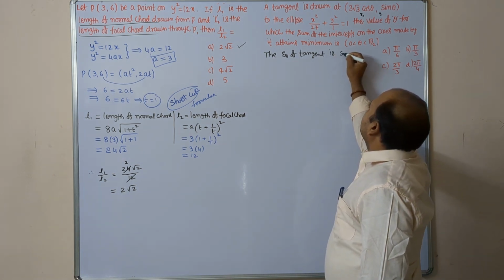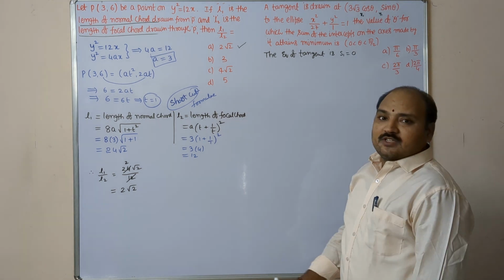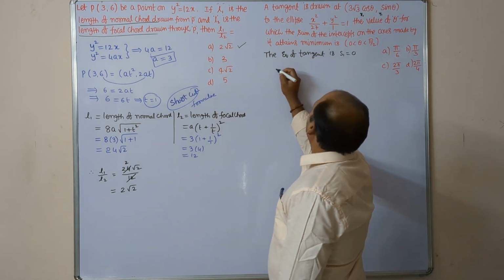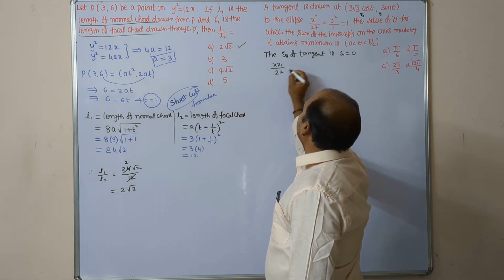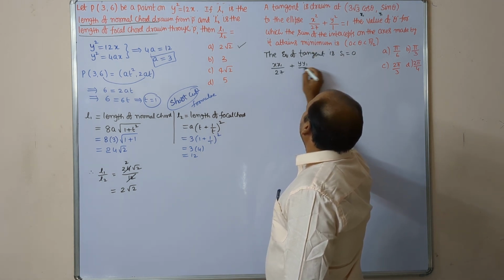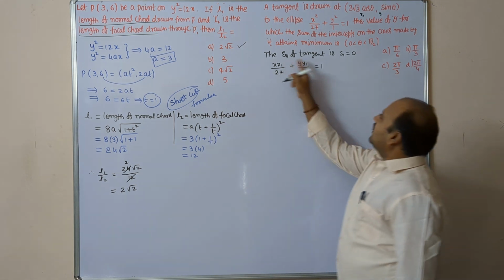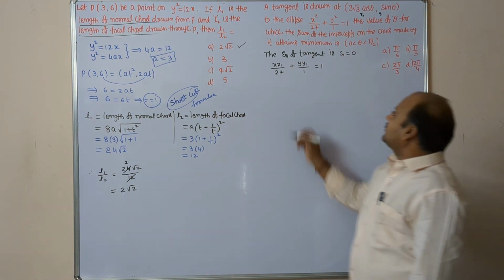is S1 equal to 0. So what is S1 equal to 0? x x1 by a square, which is 27, plus y y1 by b square equal to 1. In place of x1, y1, substitute the values.